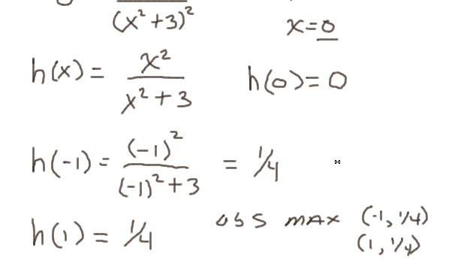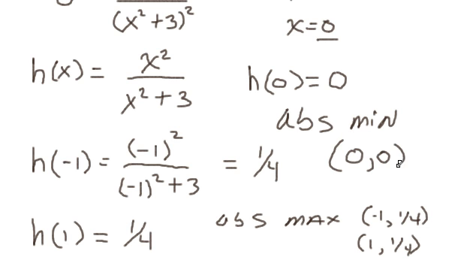I'm just going to write that up here, running out of room. Absolute min is occurring at (0, 0), and of course we could see that when we looked back at that graph. Alright, I hope that's not too sloppy, and I hope I didn't go too fast for you.